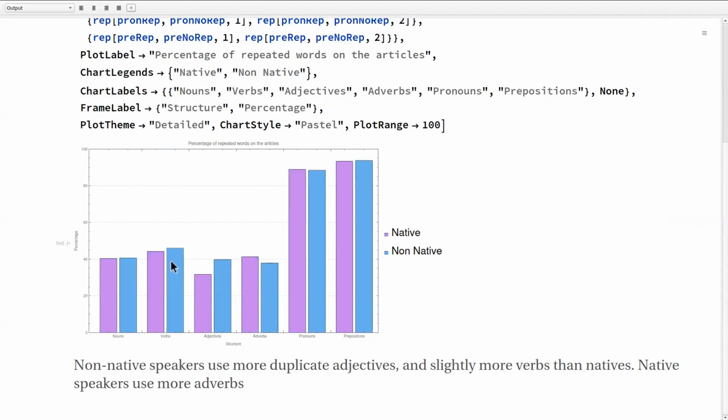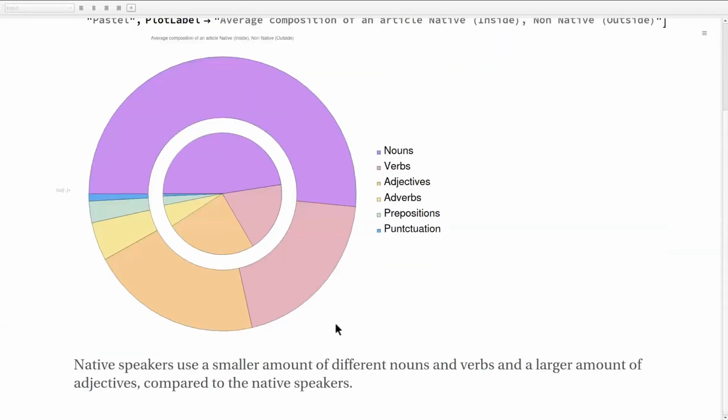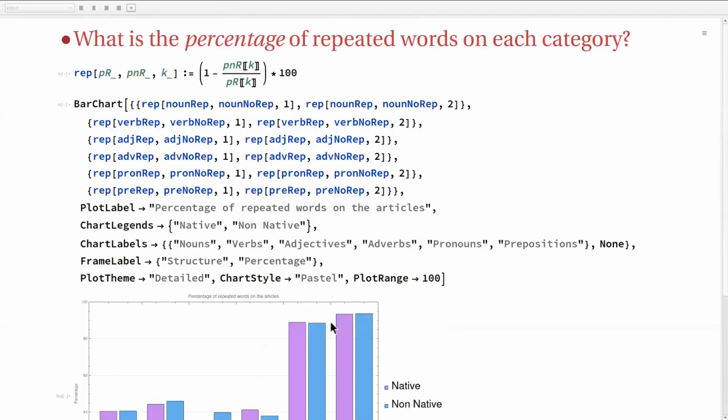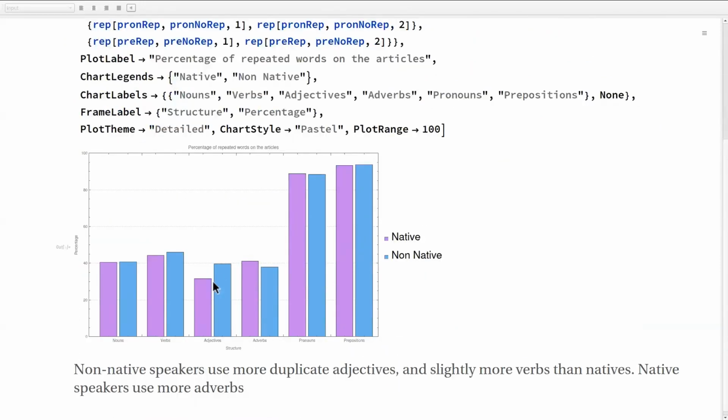So we can see that non-natives use more verbs and adjectives, and natives use more adverbs. This is according to our last slide, because we had the same data as the past slide.